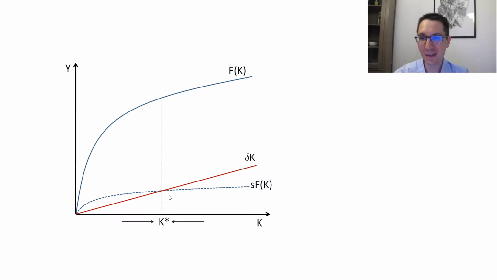Think about it. What is consumption? Consumption is whatever is left after I invested some amount, or in reverse, it's what I take before I leave something to invest. So it is this quantity here, f of k minus s f of k.